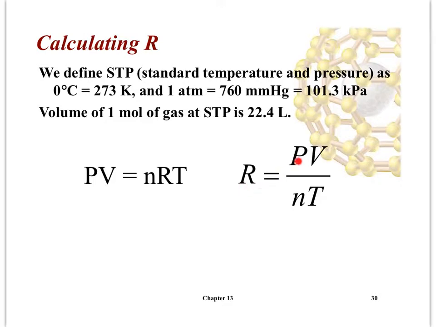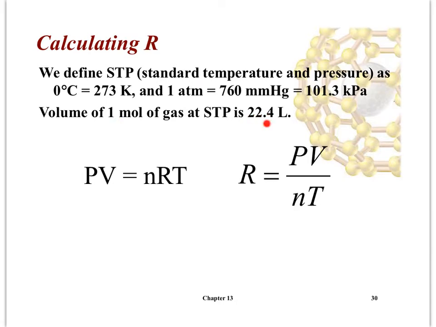So you know that R is equal to P times V over nT. Think of a situation where you would know all these four variables. Well, we know from the moles chapter that at STP, at standard temperature and pressure, 1 mole of a gas is 22.4 liters.